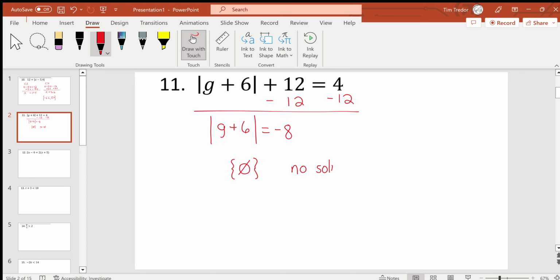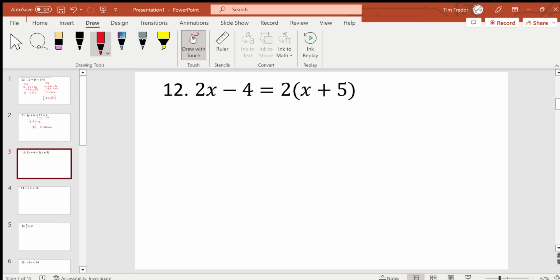Now this pen is getting worse. Alright, let's take a look at problem number 12. With number 12, the first step I would take would be to distribute the 2 into the parentheses, because we can't bring anything into the parentheses other than that 2.